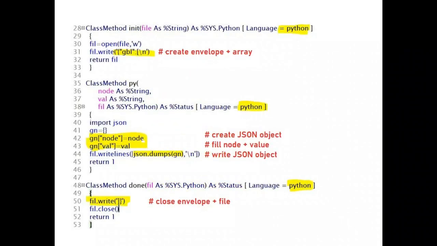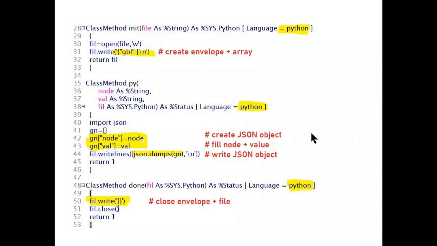So how do these embedded Python methods look like? You have an open file. I create an envelope plus start to have the JSON array. I have the core module that writes out, that first creates a JSON object, then adds the node, adds the value.